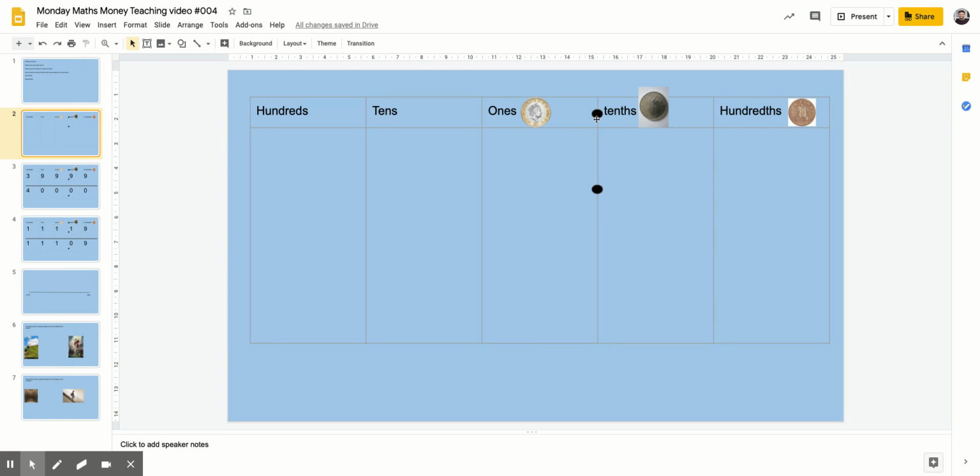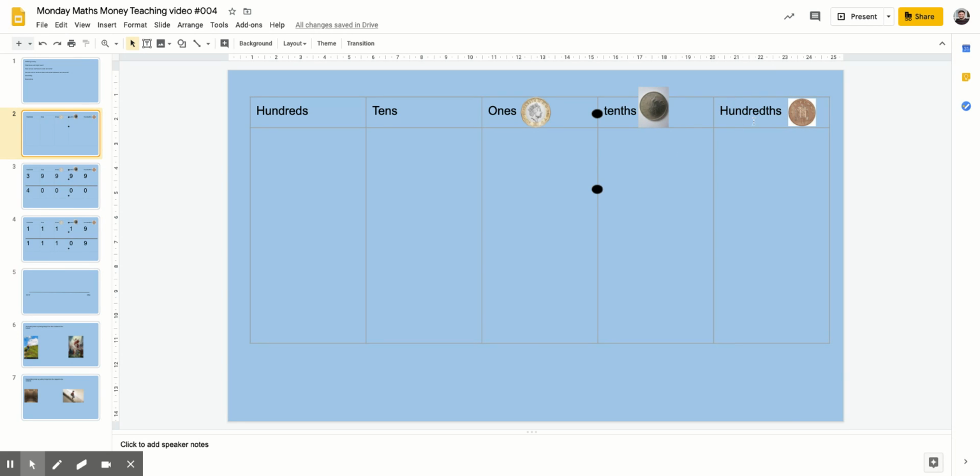We've then got the decimal point, which is the point which shows the difference between whole numbers and parts of numbers. After the decimal point, we've then got tenths. Now it's called tenths because here we've got parts of a number where the one whole has been split up. And 10 tenths make one whole, which is why it's called a tenth, because we're taking one whole and splitting it into 10 parts. So that's why it's called tenths.